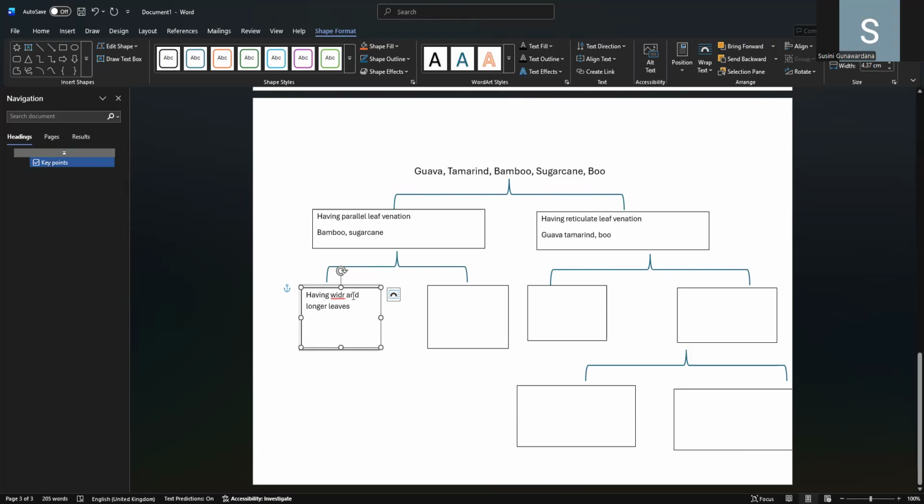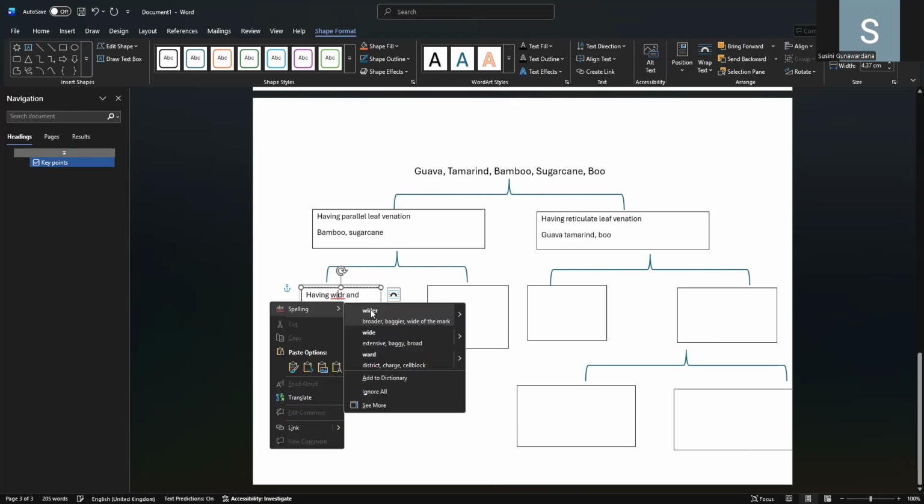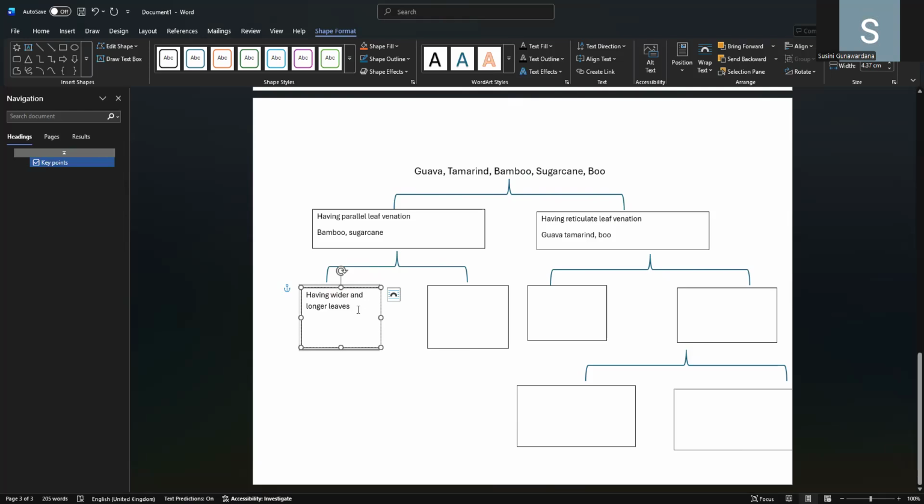Which one will have wider and longer leaves? According to this, that is sugarcane. Don't have wider and longer leaves, that is bamboo.